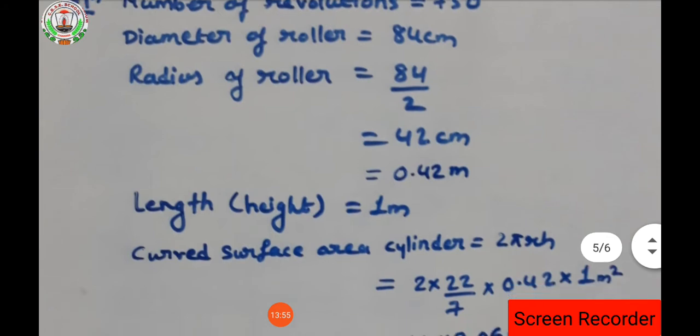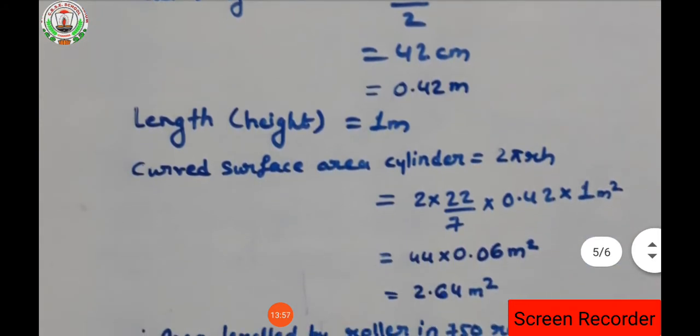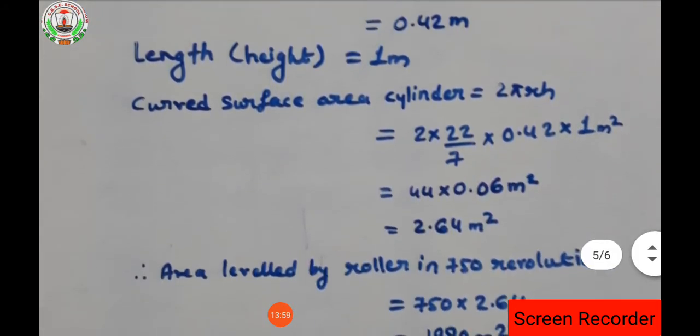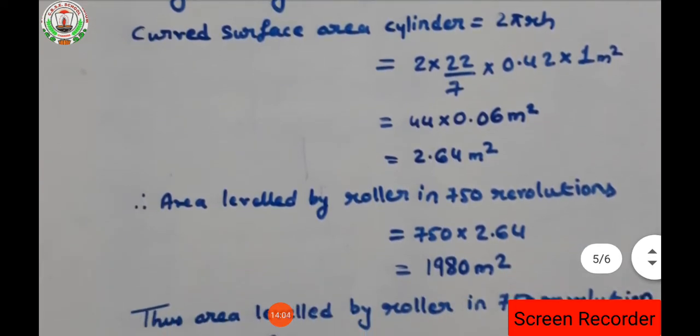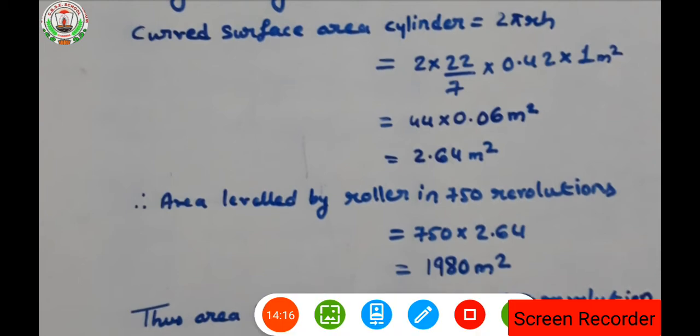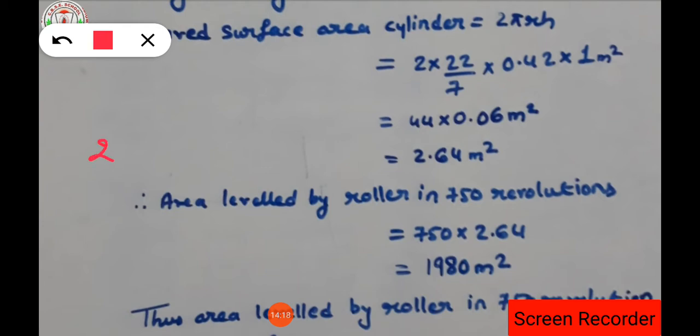Clear everyone? Then, the curved surface area of a cylinder is 2 pi R H. This is the formula. 2 into pi, whose value is given as 22 by 7, the R value we had already found, that is 0.42, and the H value is 1, isn't it? Now calculating all this, we will get the required answer, that means 2 into 22 by 7 into 0.42 into 1 the whole meter square.